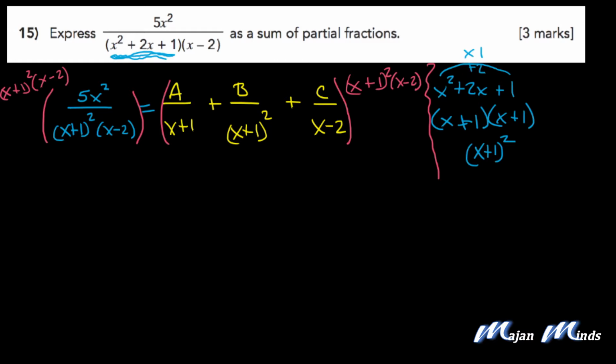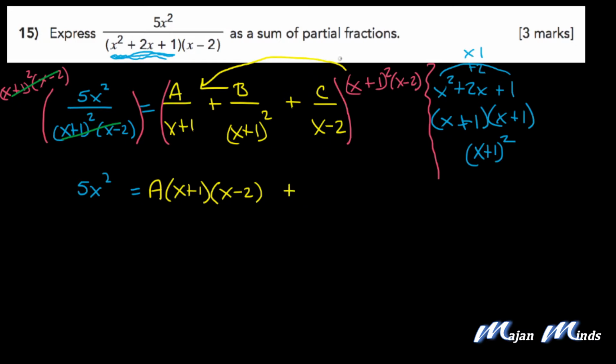In multiplying, the pink in the top and the blue in the denominator cancel, leaving me with 5x squared, which is equal to the A term. For the A term, we multiply these pinks by the yellow. Notice there are two pink x plus 1s here: x plus 1, x plus 1, x minus 2. One of those x plus 1s cancels, and I still have one x plus 1 left and an x minus 2 left.